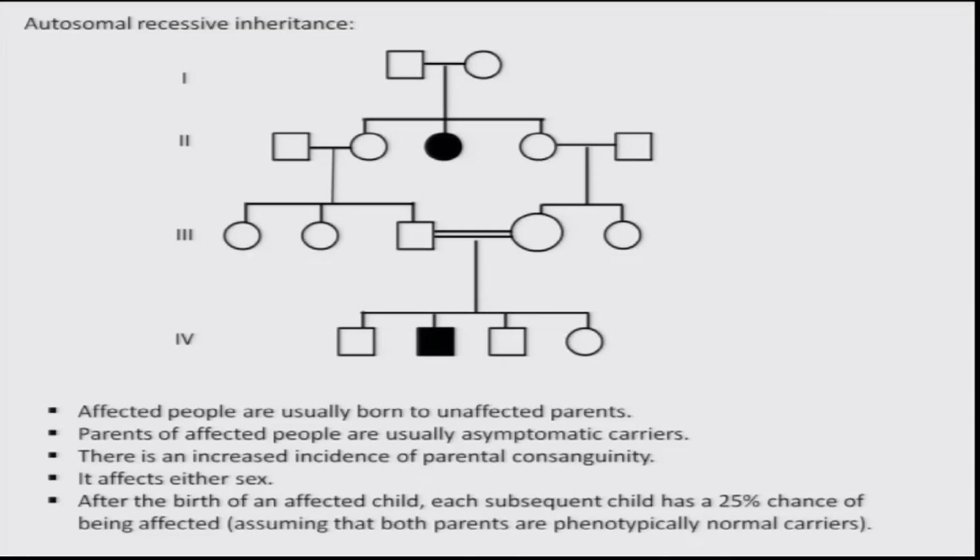And if you could recollect the Mendelian Punnett square, if you plot it, then you would find it is 1:3. So, that is why it is 25%, right. We will come back to that a little later. So, that is the example of how an autosomal recessive condition would be transmitted in a disease.